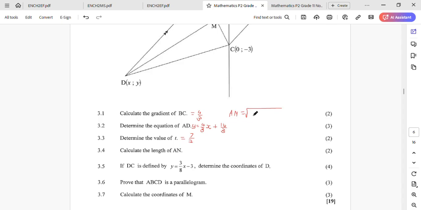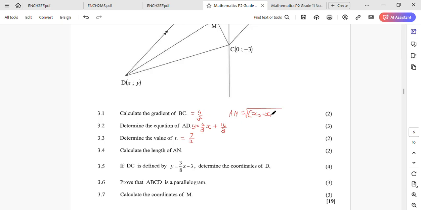So we're going to have x2 minus x1. You may also start with y2 minus y1.